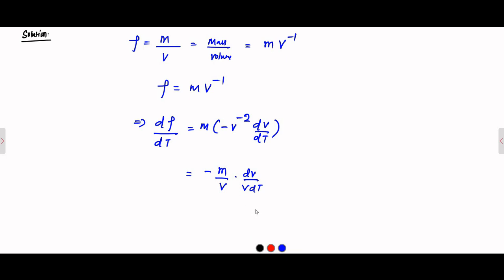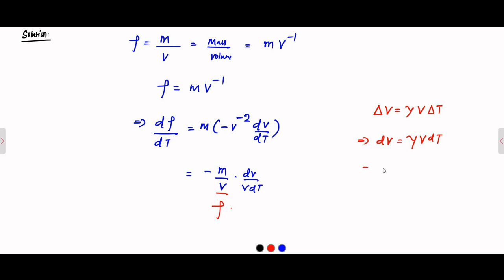Now here, mass by volume is equal to density, and this dV by V dT. So if you recall the basic definition of volumetric expansion, the increase in volume delta V is equal to the volume expansion coefficient gamma, the initial volume V, and the rise in temperature delta T. If we write it in differential form, it will be dV is equal to gamma V dT.